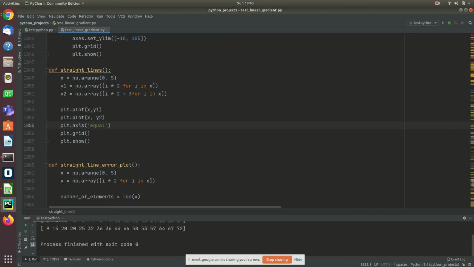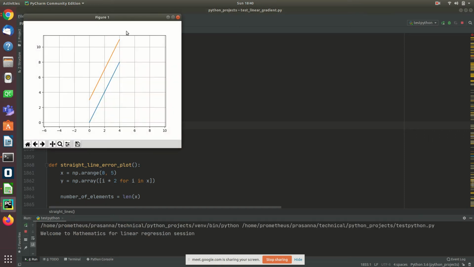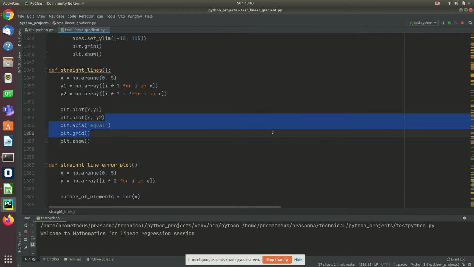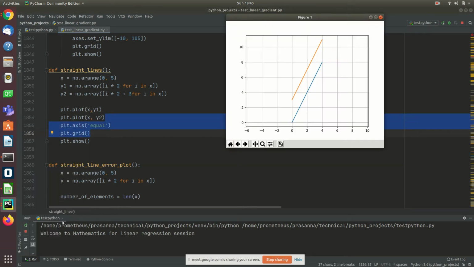Okay, I run this. See this. Now this is y is equal to mx, because when x is 0, y is 0. This is y is equal to 2x plus 3, because when x is 0, you have 3. So where is that? It's here.